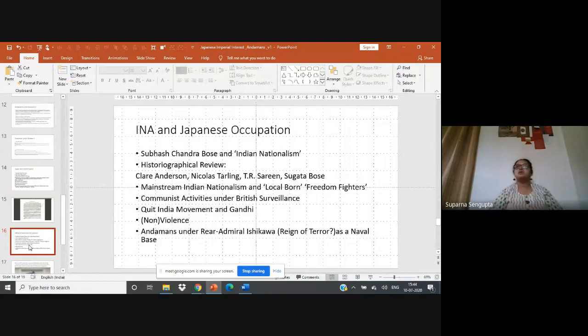There has been a good amount of historiography on this period of Andamans, as already had been introduced. It was also the INA and Subhash Chandra Bose who played an important role in the occupation of Andamans, seeing it as a strategy for the liberation of India from British power.